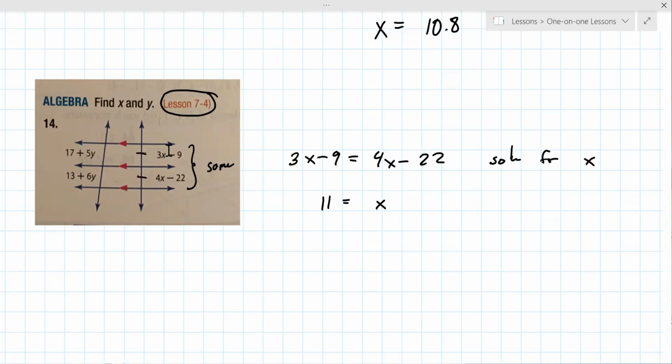Well, having the value of x helps us get the value. 3x minus 9 is 24. And then, sorry, 22. 24? 20. 33 minus 9 is 24, isn't it?